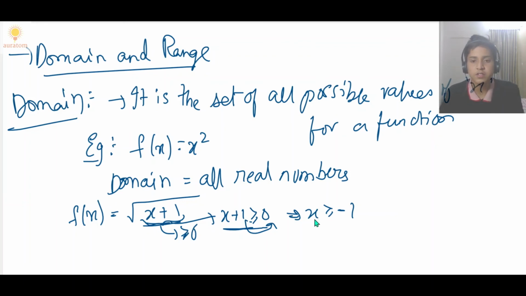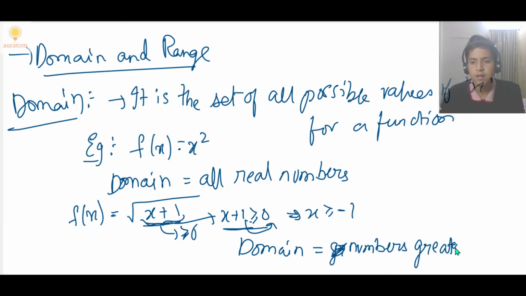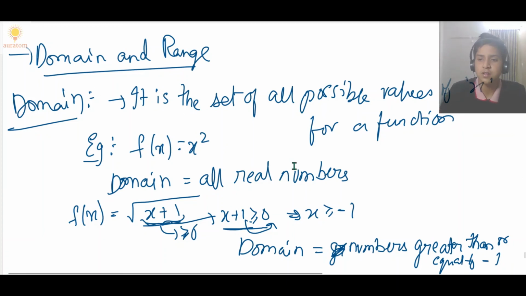For other values, it does not exist. So domain only includes numbers greater than or equal to minus 1, right?